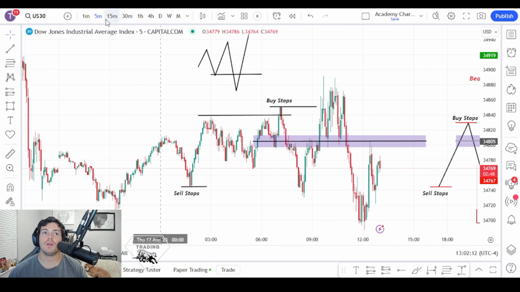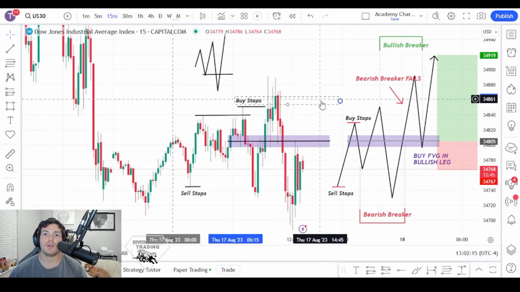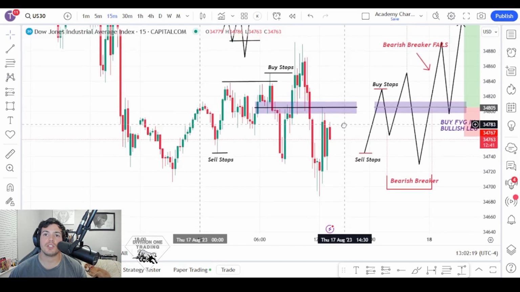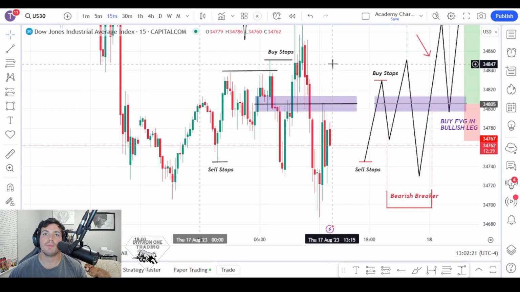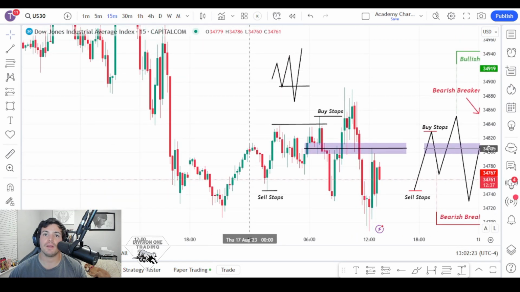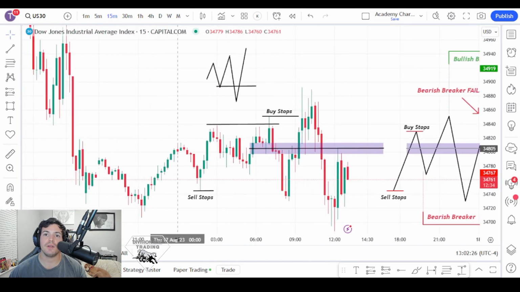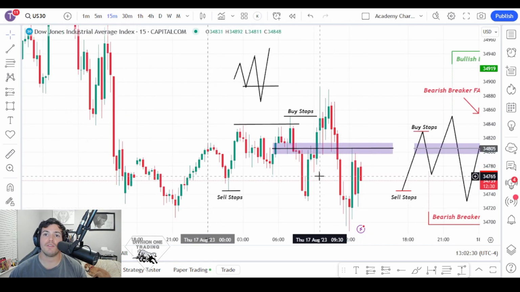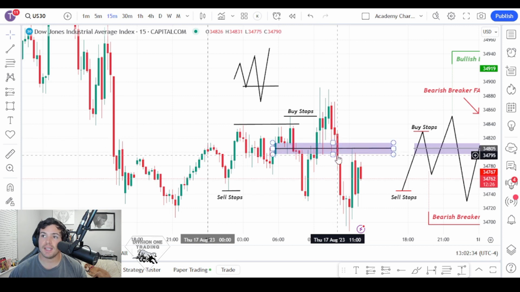But if you can locate these patterns on a 15-minute chart, oh, sorry, it's starting to get a little messy. If you can locate these on a 15-minute chart, it starts to become a lot easier to operate on the lower time frames. Now, I'm not saying you have to go down and trade a 1-minute chart, but even if you're trading a 15-minute or a 5-minute chart, these lines in the sand, if you will, once they're broken, it provides context for us to trade on the lower time frames based on the liquidity that's still there.